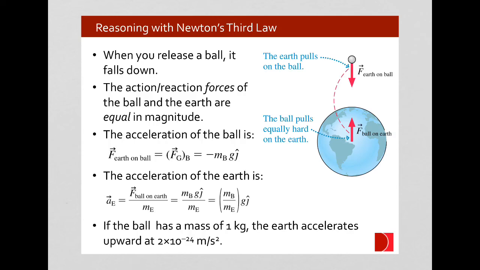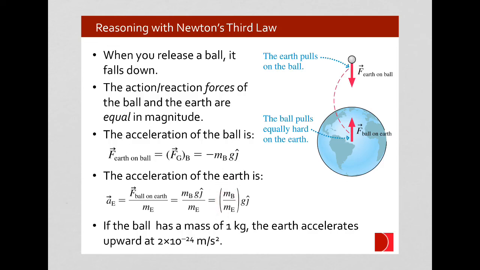We know that the force of the Earth on the ball is going to be the same as the gravitational force on the ball. And so if we want to know what the acceleration of the Earth is in this case, the acceleration of the Earth is the force on the Earth divided by the mass of the Earth. Here the force on the Earth is the same magnitude as the force of gravity on the ball.